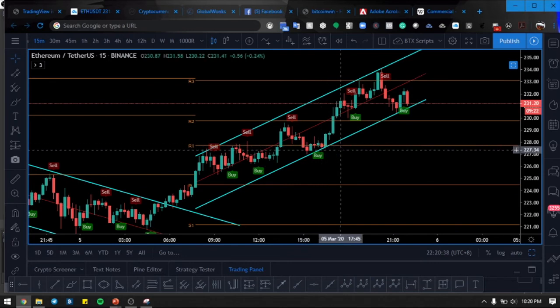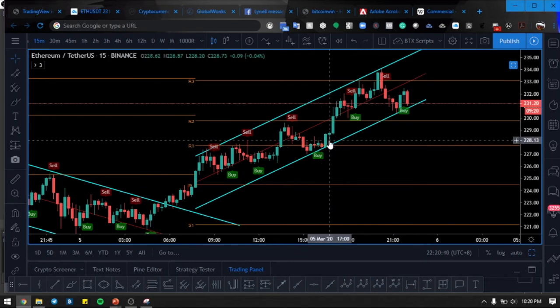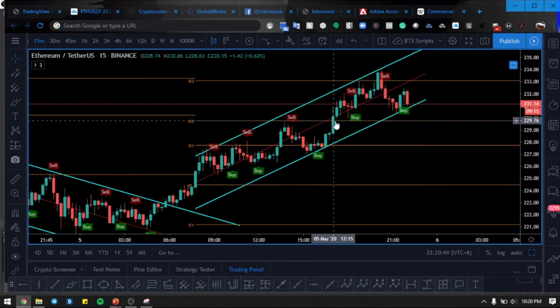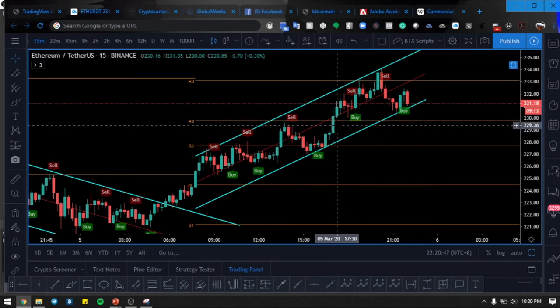Okay? So ngayon, your take profit levels is here above R2, since you believe and we believe it's gonna be going up. So our take profit levels is above R2, which is at 229.76.